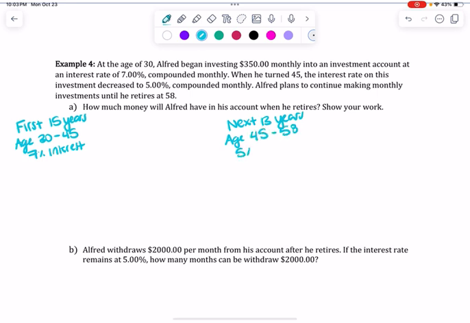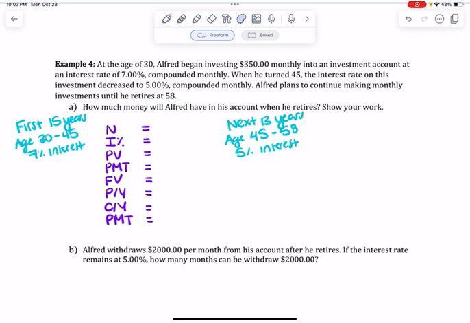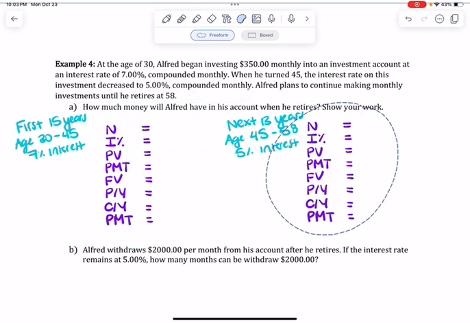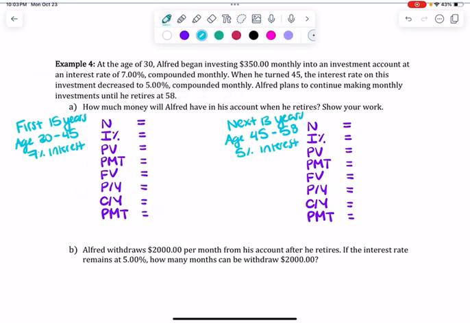And that's when he gets his 5% interest. Hopefully that makes sense: we've never been able to calculate something with 2 interest rates because there's not 2 places to plug in those values. So we have to tackle them separately.